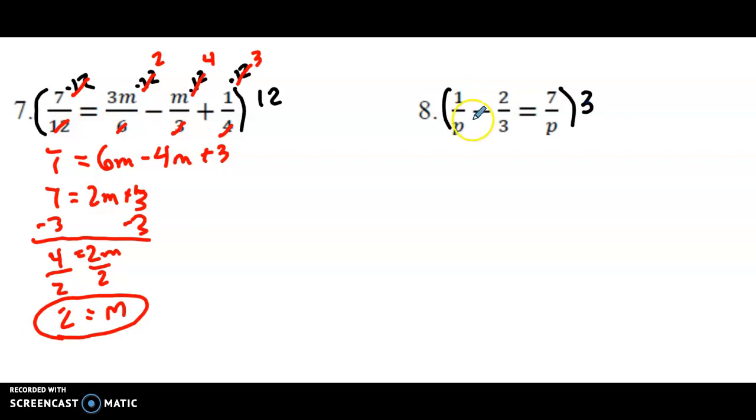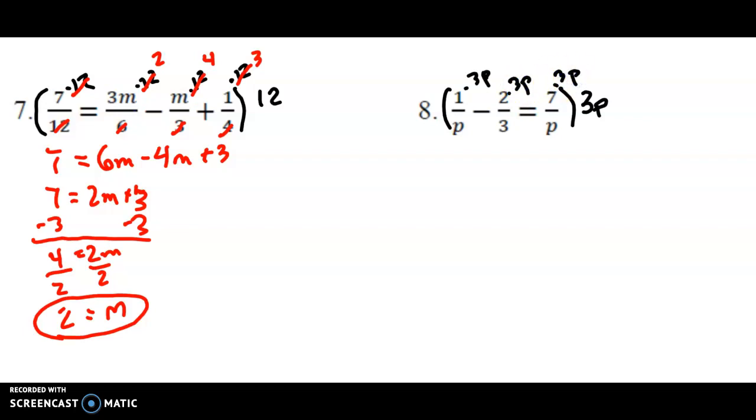And for the variables, you look for the same variable with the highest degree. And the highest exponent on the p's is 1, so p to the first would be our LCD. And we're then going to multiply that times each of the parts. So this one times 3p, this one times 3p, and this one times 3p.